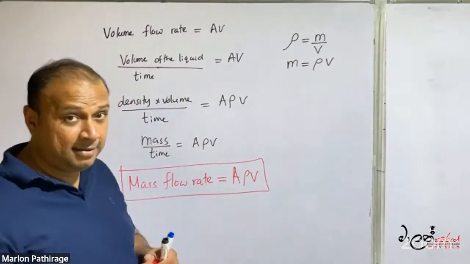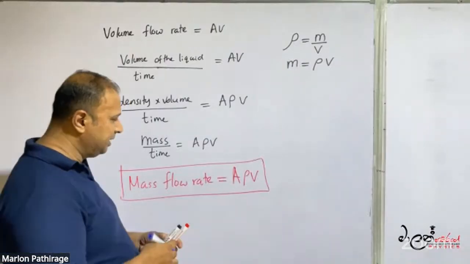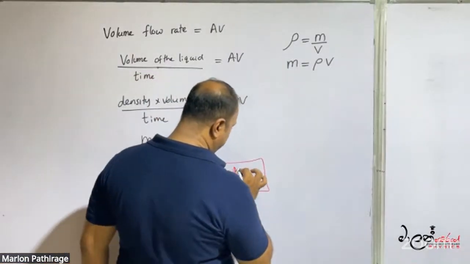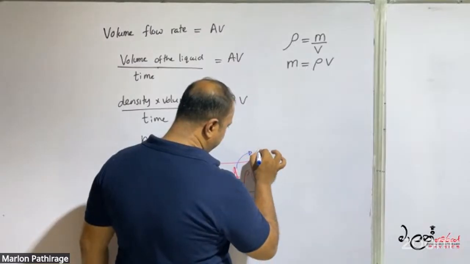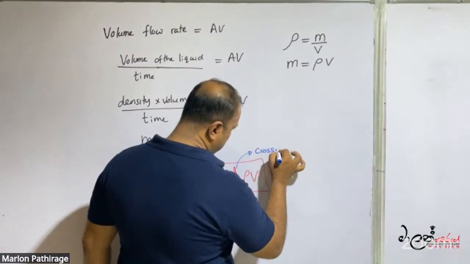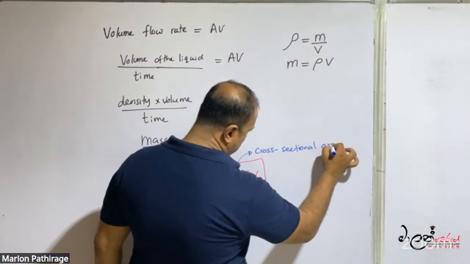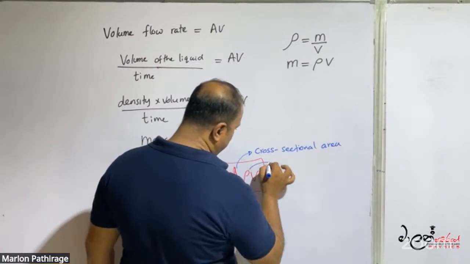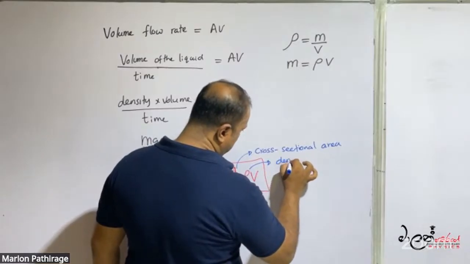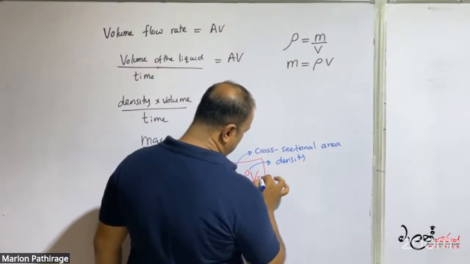A means cross section area. Rho means density. V means speed.